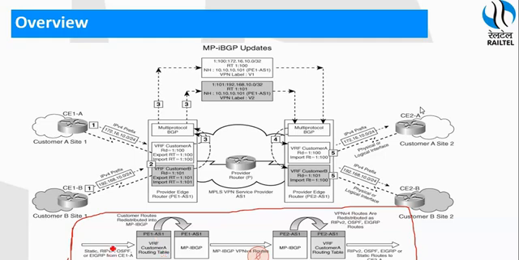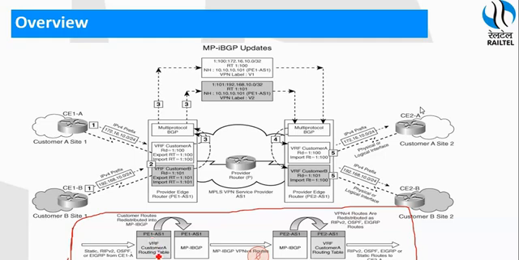Route distinguisher will make that 32-bit common IP address into a unique 96-bit address. The route target will identify the membership of that 96-bit address to that particular VRF.